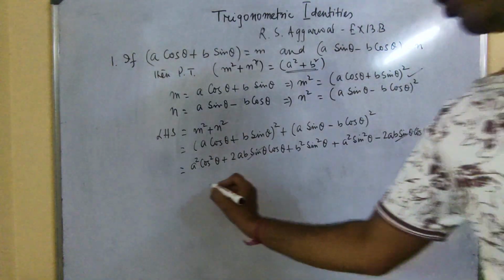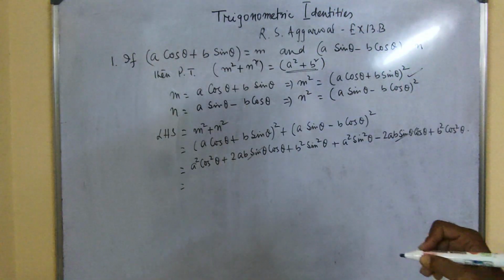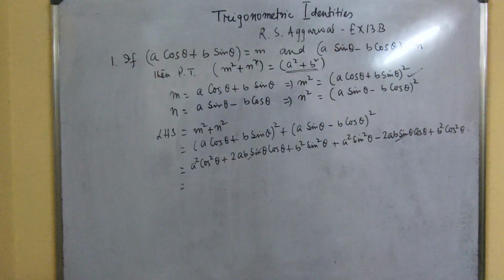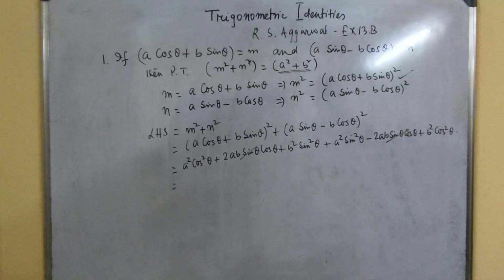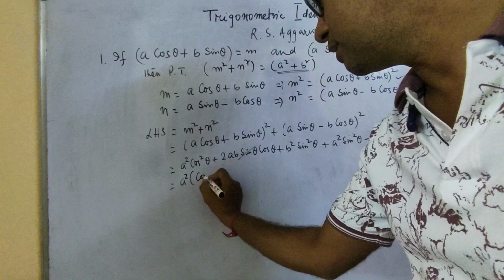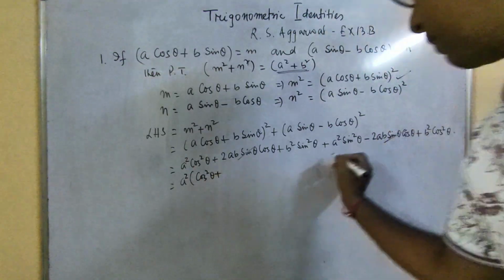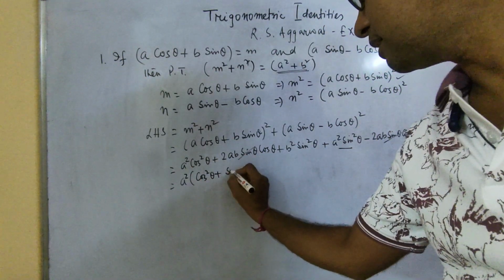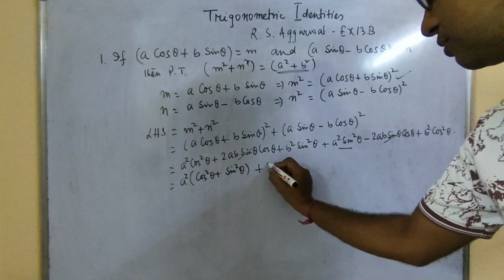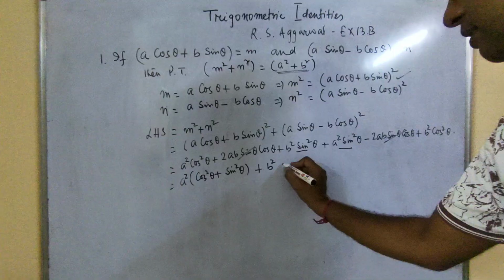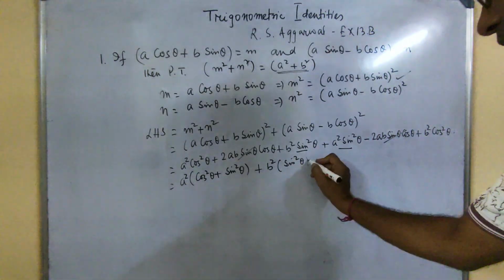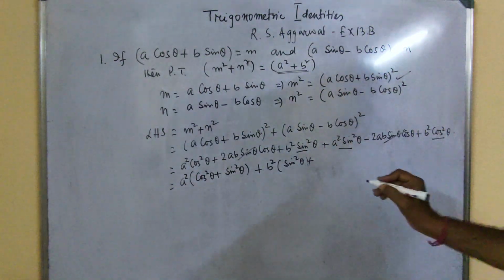So we may write it as, take common a square, so we get cos square theta plus sin square theta, and take common b square, so here it is sin square theta plus cos square theta.